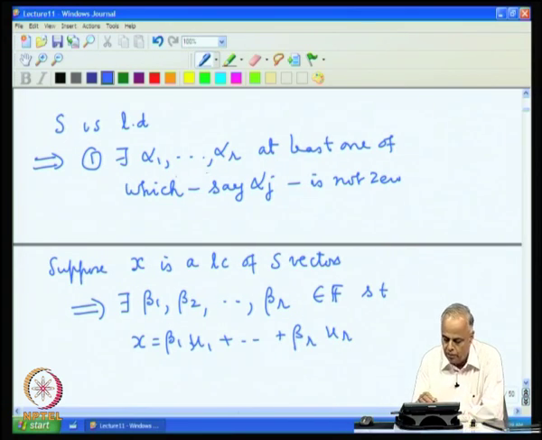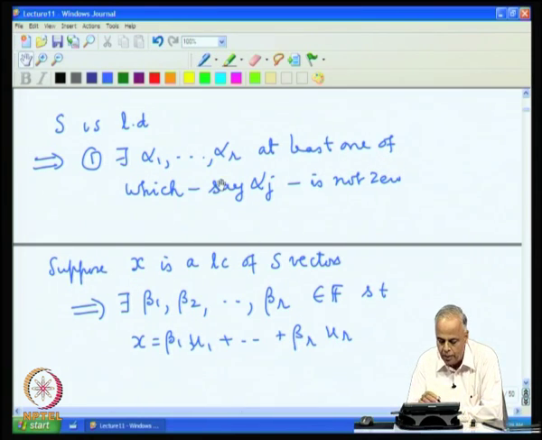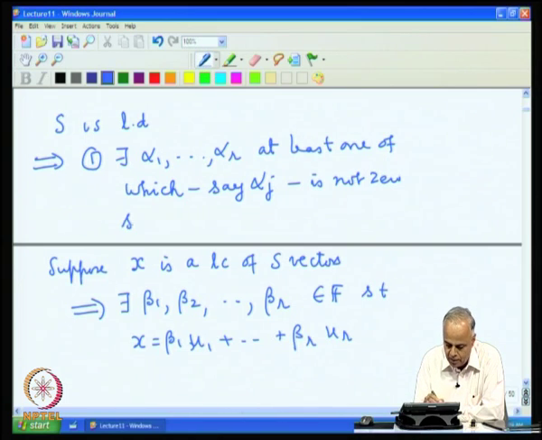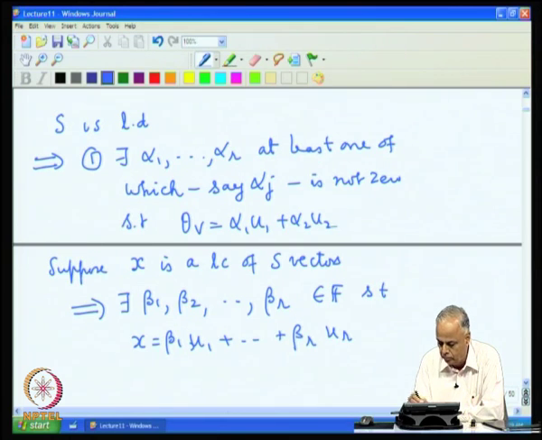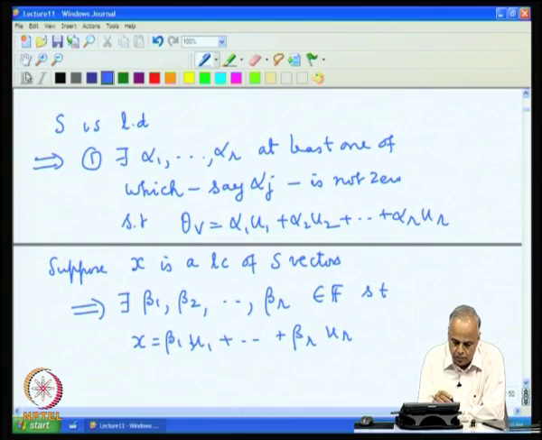Now, note, there exist alpha 1, alpha 2, ..., alpha r, at least one of which is not 0, such that the 0 vector can be obtained as this linear combination. This is obtained by the notion of linear dependence.